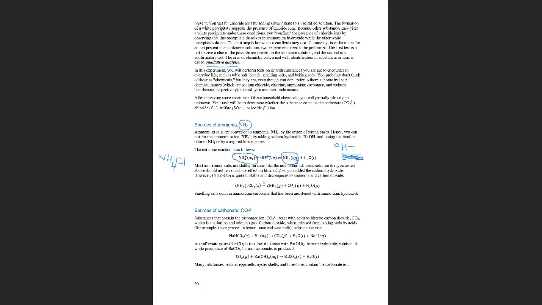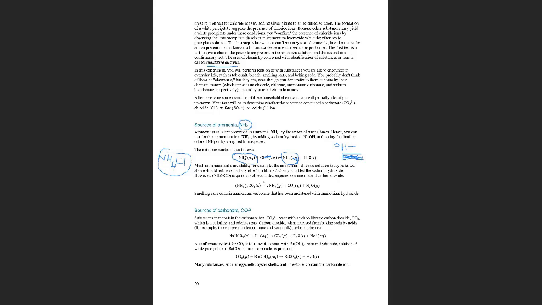Most ammonium salts, it says here, are stable. So let's say you have ammonium chloride. Ammonium chloride is stable. So if you place a litmus paper on top of the test tube, there won't be a change because it's stable.